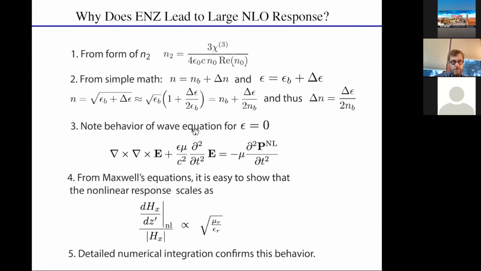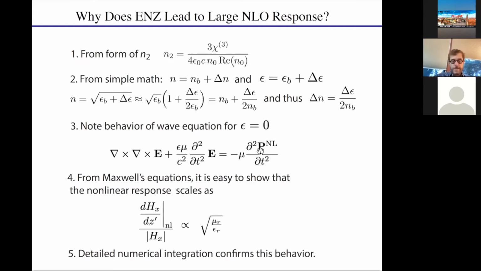Another way to understand this, in fact, I think these are just independent effects, is to look at the wave equation. If epsilon or mu or both vanish, this term disappears entirely. Then the entire material response is given by this term involving the nonlinear polarization. So we're in a very different regime.